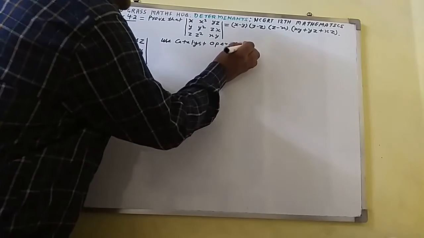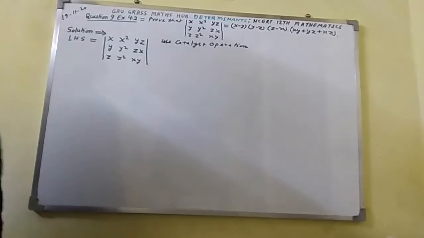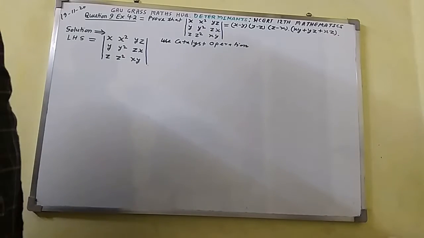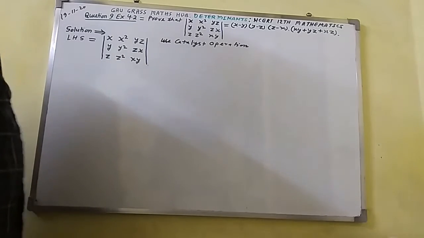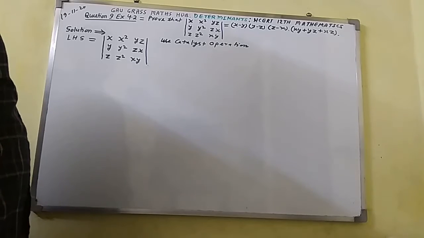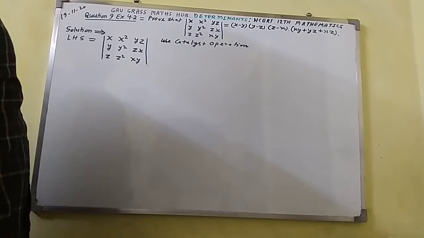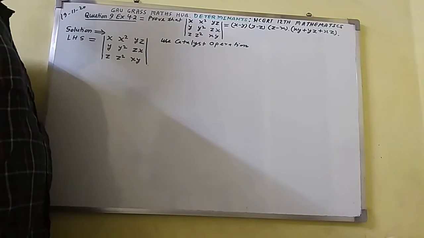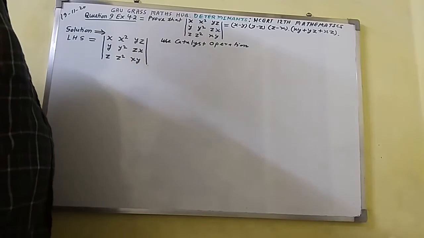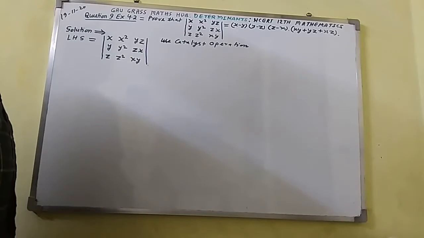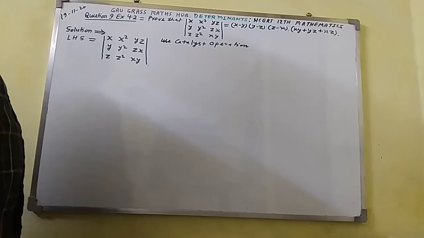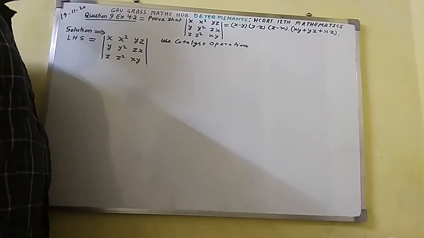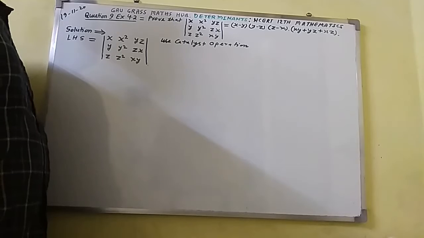You must know what the catalyst operation is. You might have learned about catalysts in chemistry. A catalyst is a kind of substance which speeds up the process of a chemical reaction without undergoing changes of itself.